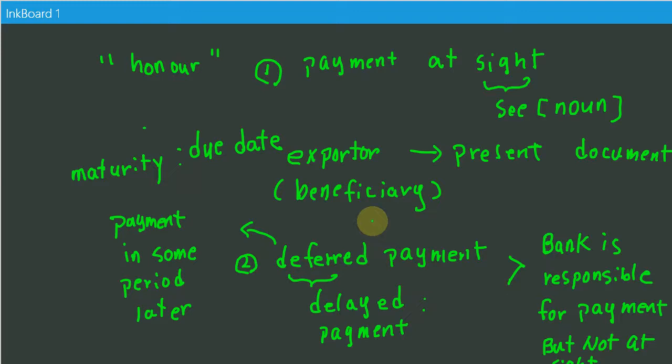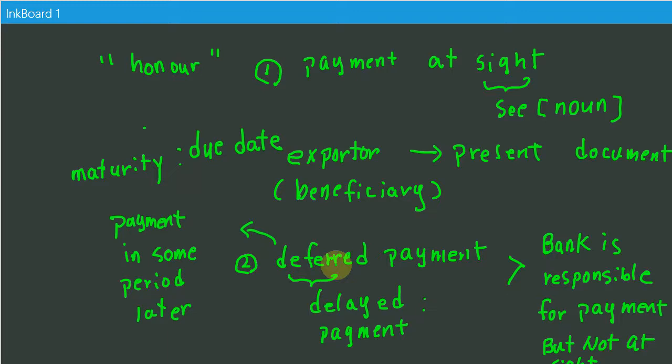Okay, and payment after acceptance. We have another way, but payment after acceptance is the same as deferred payment, a little different. So, to accept the bill of exchange, the draft drawn by the beneficiary, and pay at maturity, if the credit is available by acceptance.